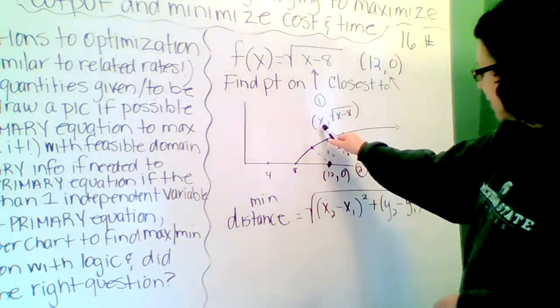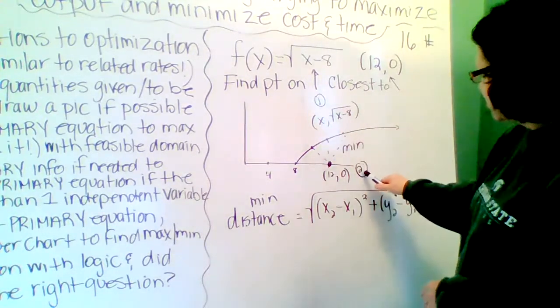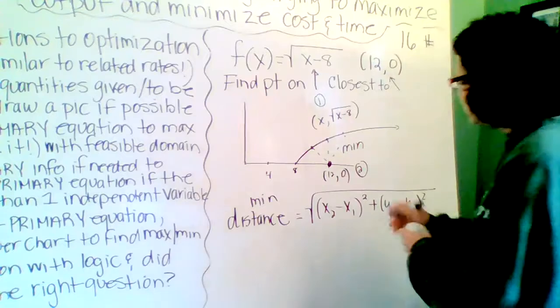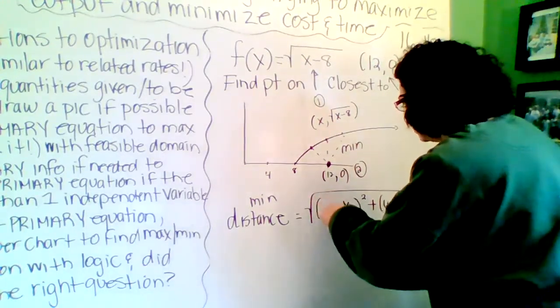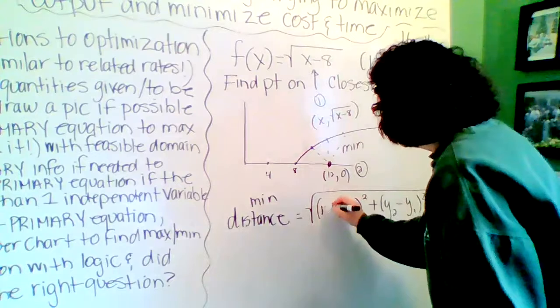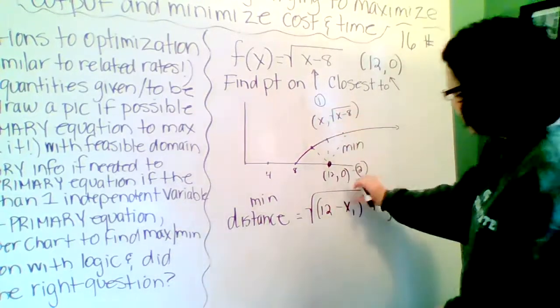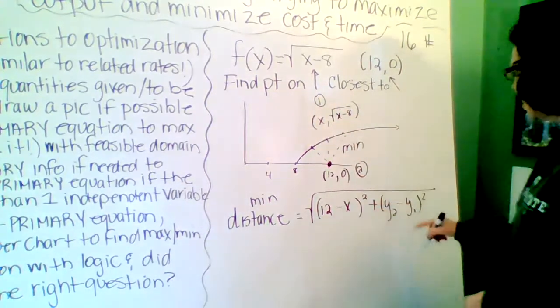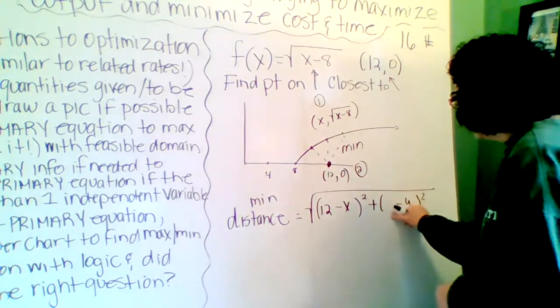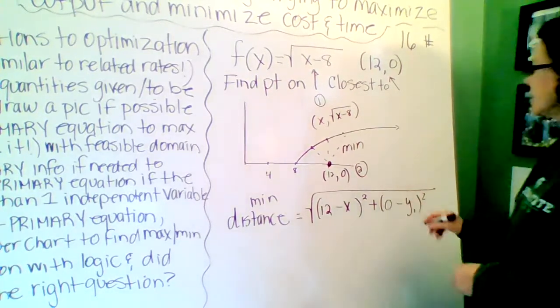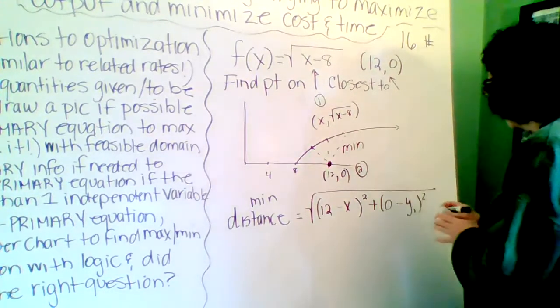So x2 is 12. My x1 is an x squared, plus my y2 is a 0, minus, and my y1 is right here.